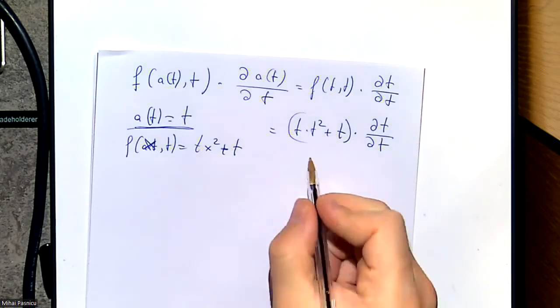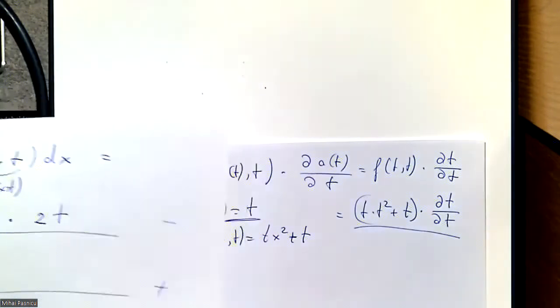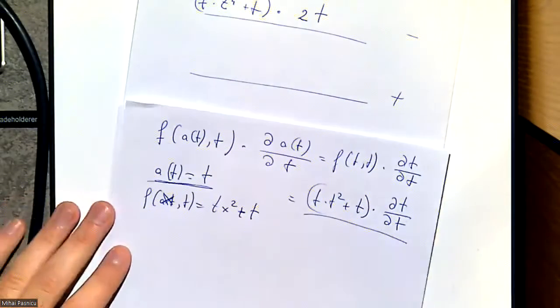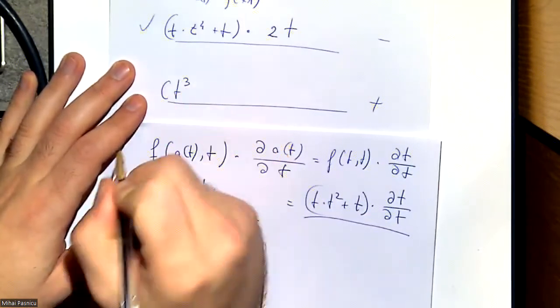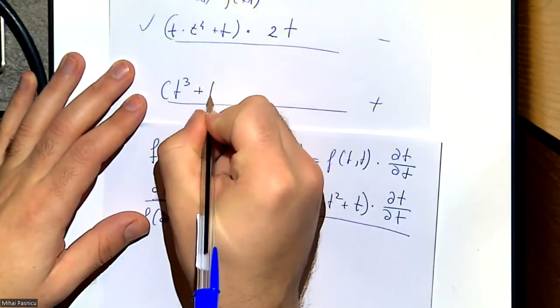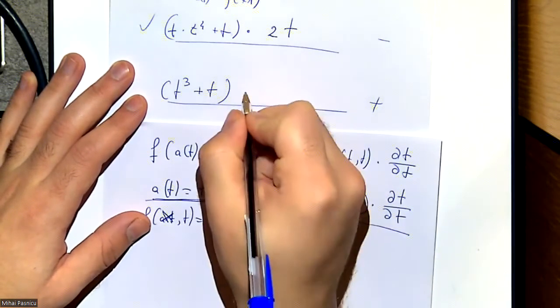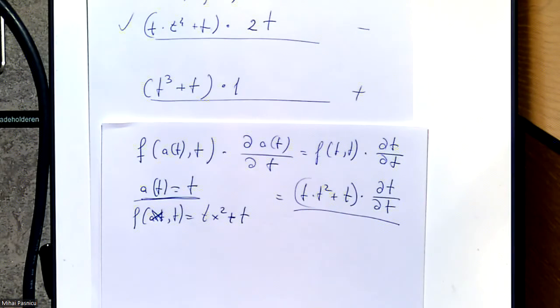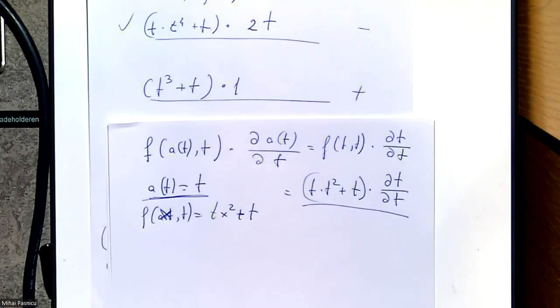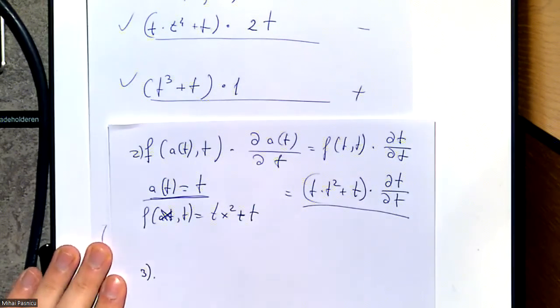So now I have this term over here, which is my second one, and I'm just going to plug it in here. So I get t to the third plus t times the derivative of t with respect to t. Just 1. Okay? Second term done.